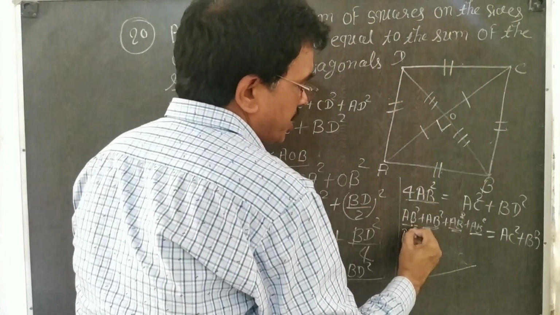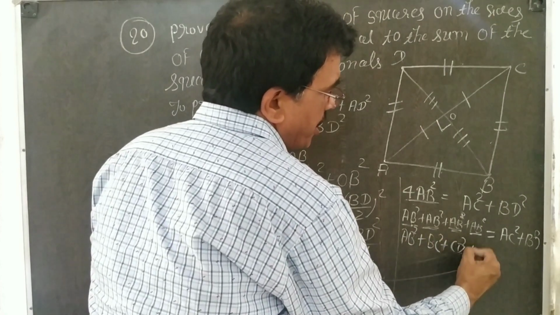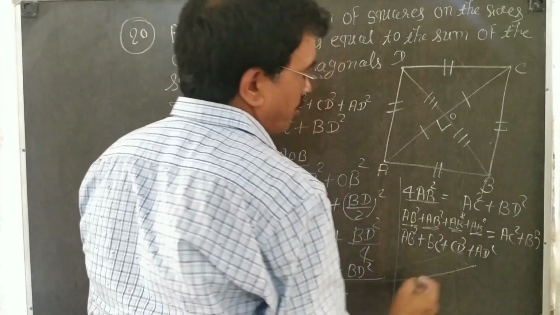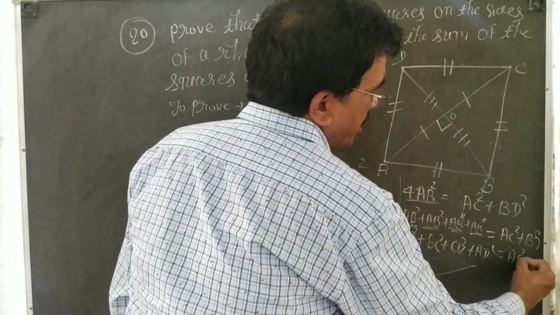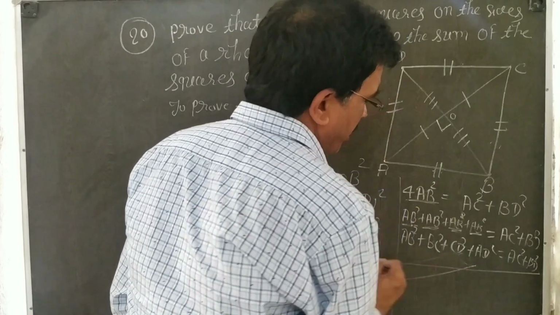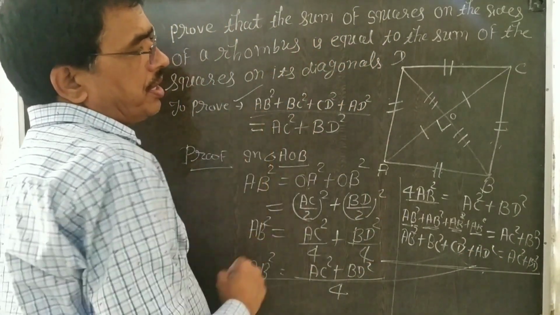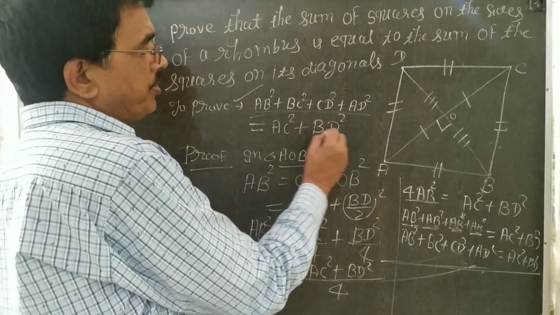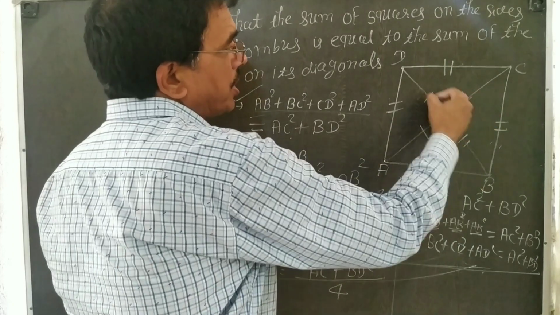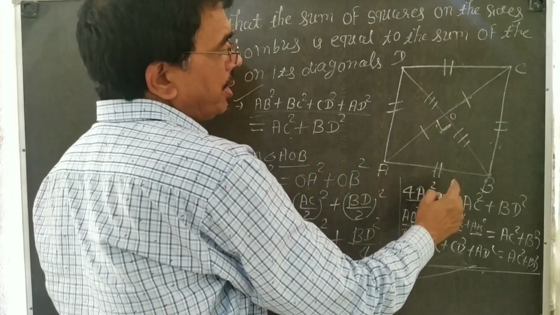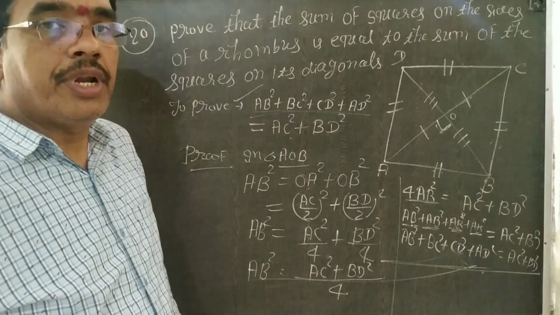Then this AB square changes into BC square, this into CD square, and this into AD square, because all are equal, and it is equal to AC square plus BD square. So we have proved that the sum of the squares of the sides is equal to the sum of the squares of its diagonals, using the property of Pythagoras, because the diagonals are perpendicular and bisect each other. Thank you. Next question is solved.